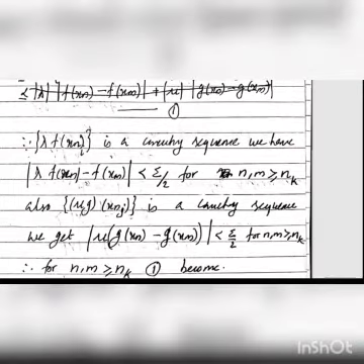Since lambda f of xni is a Cauchy sequence, we have lambda f of xn minus f of xm less than epsilon by 2 for n, m greater than or equal to nk. Again, mu g of xnj is a Cauchy sequence, so mu into g of xn minus g of xm is again less than epsilon by 2 for all n, m greater than or equal to nk.